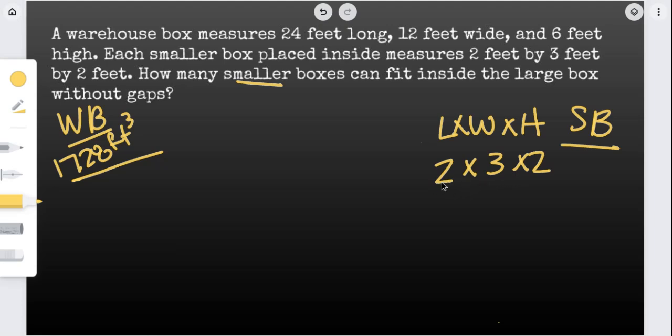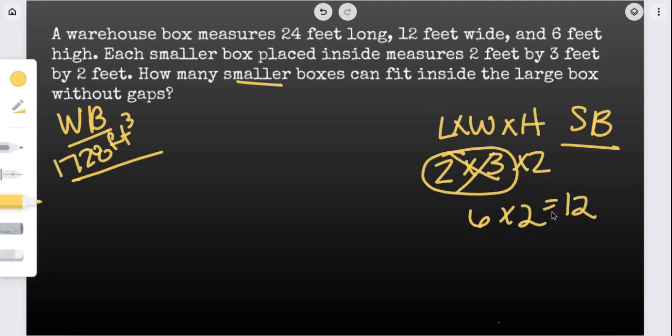I hope you said no because all of the dimensions are not the same. All right, so I'm going to start with my base area, length times width. I get 6 times 2, and then I'm left with 12. So 12 feet cubed is the volume of one of the smaller boxes.